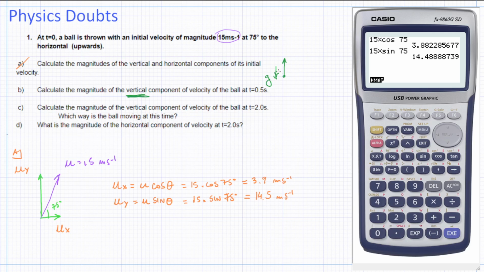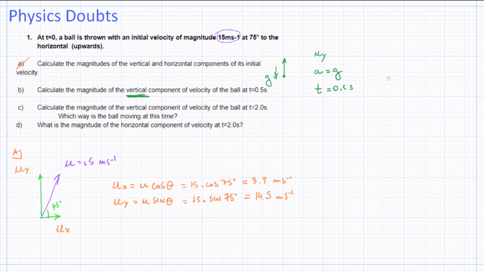Now, since we do have gravity, so we have an acceleration, what do we know here? Well, we know the initial velocity. We know our acceleration, which is gravity. We know the time, which is given, which is 0.5 seconds. So this one is actually fairly simple, because we can calculate the final velocity using the initial velocity. In this case, I can just do this for y. So the final velocity will be the initial velocity plus your acceleration multiplied by time. And in this case, it would also be your acceleration on y, because there's no acceleration on x.